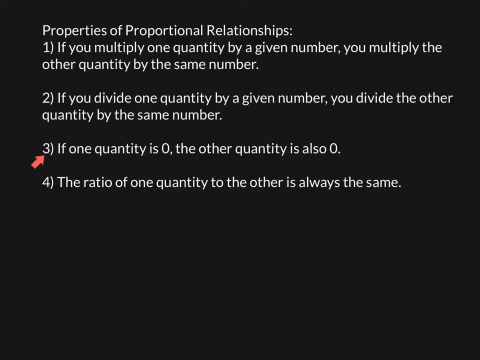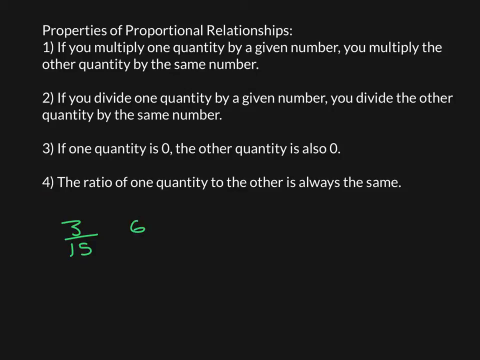If one quantity is 0, the other quantity is also 0. Think about if I wanted to make 0 smoothies, right? If I wanted to make 0 smoothies, I would need 0 strawberries. The ratio of one quantity to the other is always the same. Think about all those examples I had, right? We had 3 over 15.